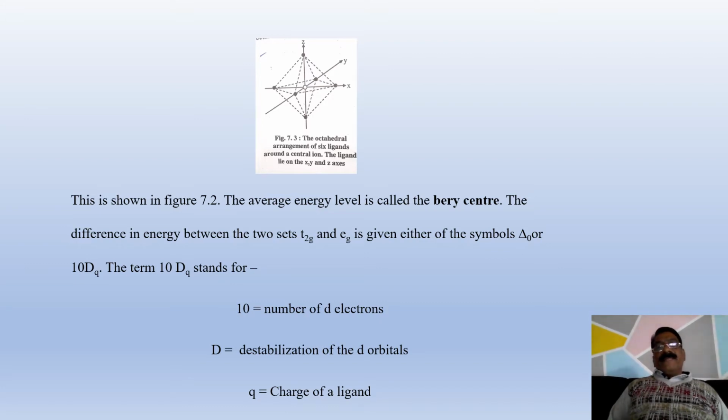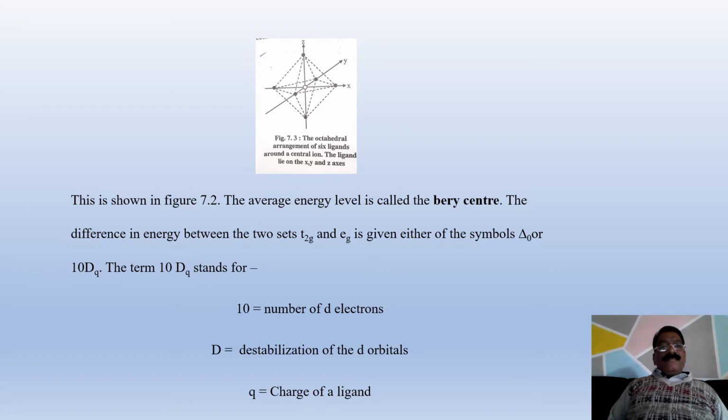That means x, minus x, y, minus y, z, minus z, and at the center there is the metal atom. Thus there are 6 corners and 8 faces, so it is the octahedral complex. The figure indicates this very clearly.